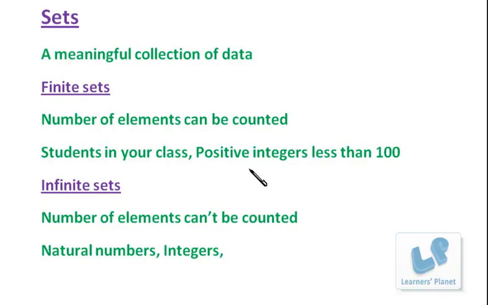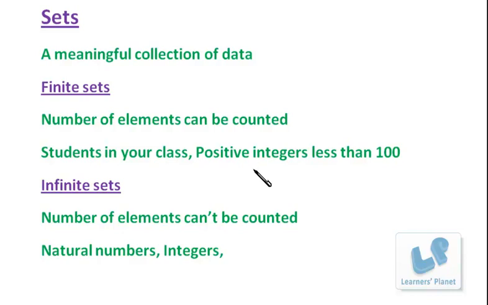Similarly, the set of integers is infinite because there are negative integers and positive integers, and we do not know the extreme integers. That means we don't know which is the biggest positive integer and which is the biggest negative integer, right? So that's why the set of integers as well as the set of natural numbers is infinite.